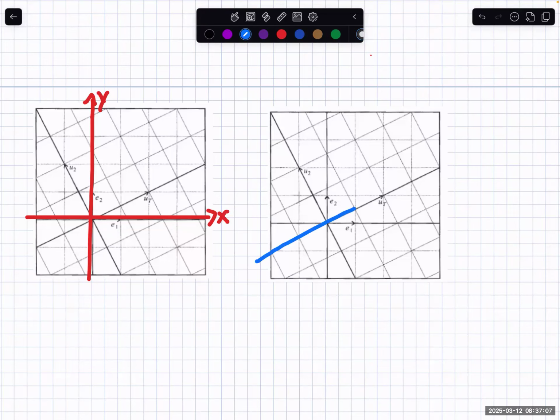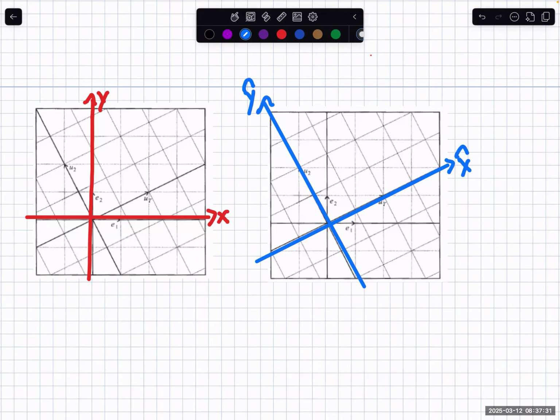We also have another coordinate system called x hat, y hat.